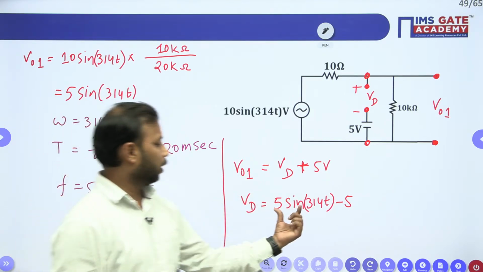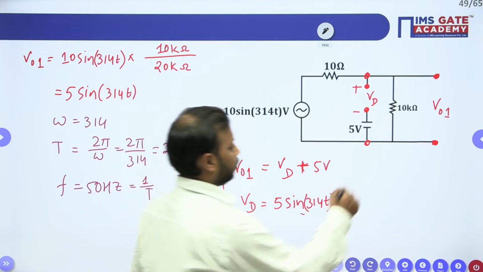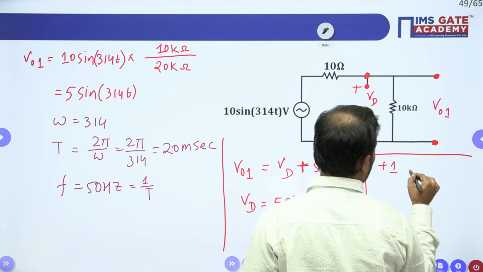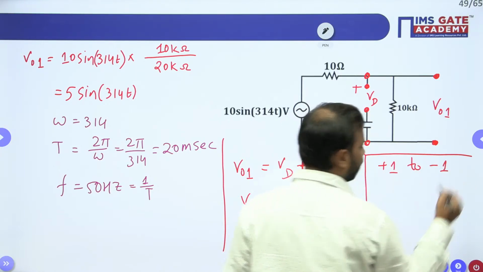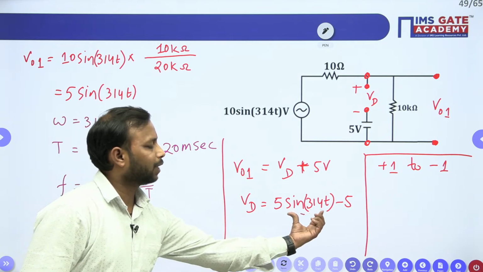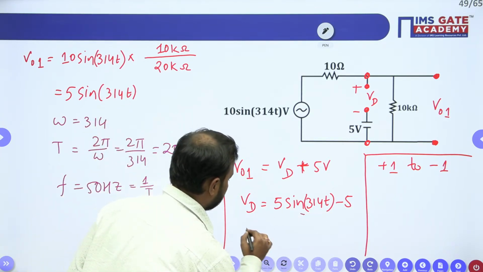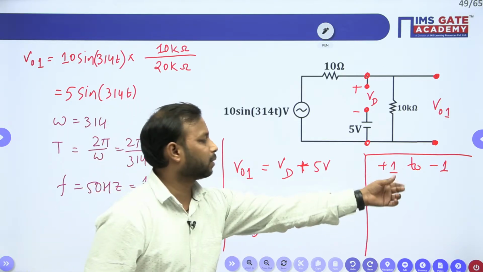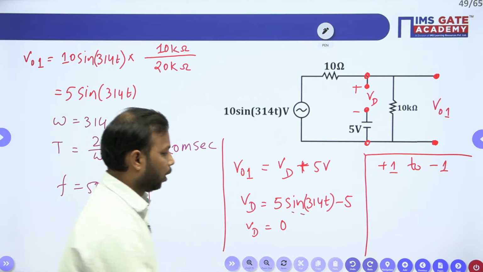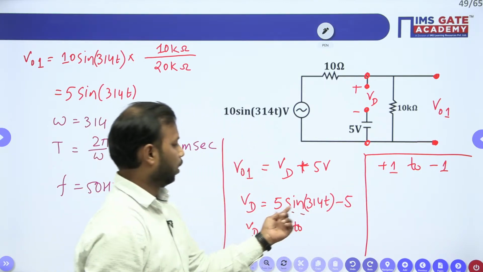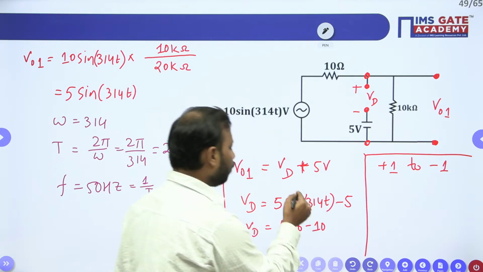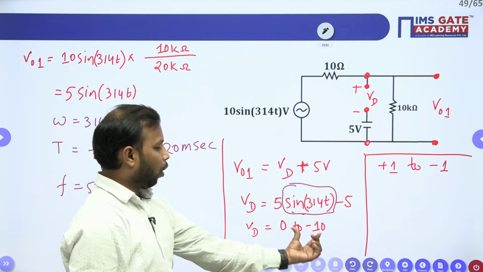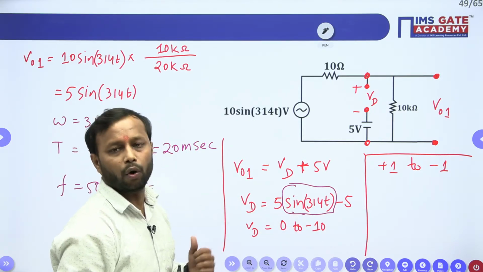No. If you see here, your sine will have the maximum value as +1 and it will go down to -1. If you take +1 here, it will be 0, since for sine 314t the maximum value is +1. And for -1, it will be -10. So for all values of sine, your VD will always be less than or equal to 0.